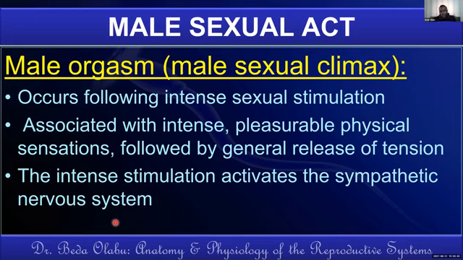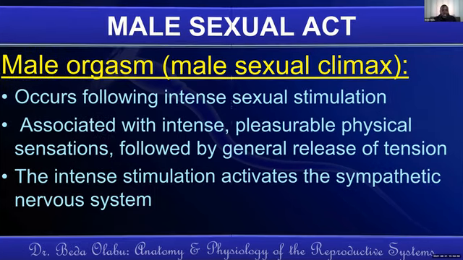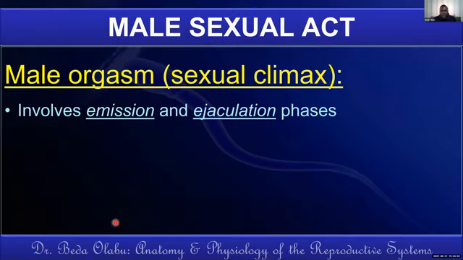What happens? If we have intense sexual stimulation, it will activate the sympathetic nervous system. Remember, the sympathetic nervous system was not in play until this time. When the sympathetic nervous system is activated, two things happen which constitute male orgasm.